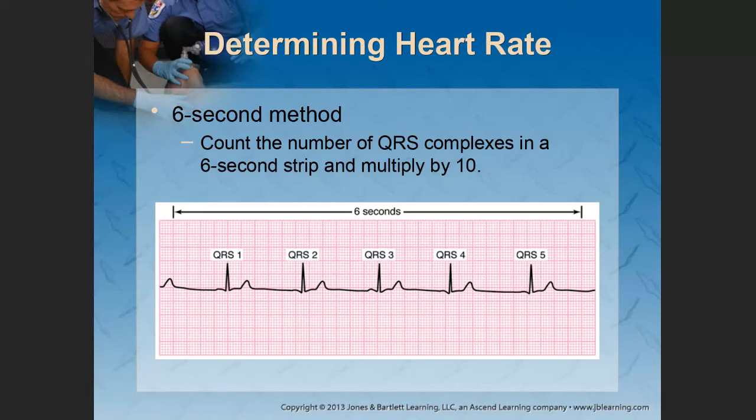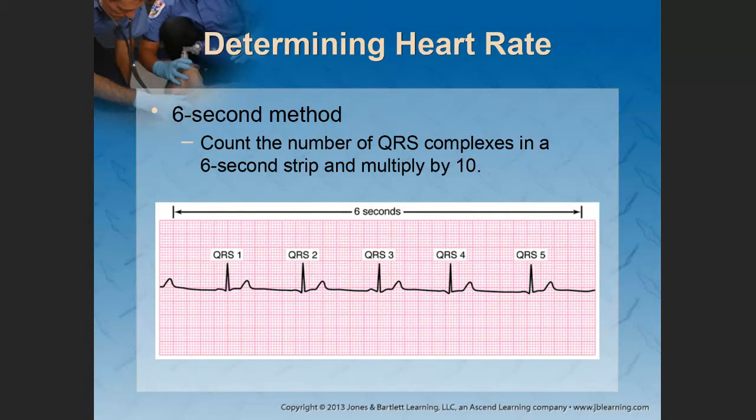So let's look at the 6-second rule. You mark out 6 seconds on your ECG paper, which would be 30 large squares. You all mentioned that earlier. When you mark out your 6 seconds, you will count the number of QRS complexes within that 6 seconds, right?